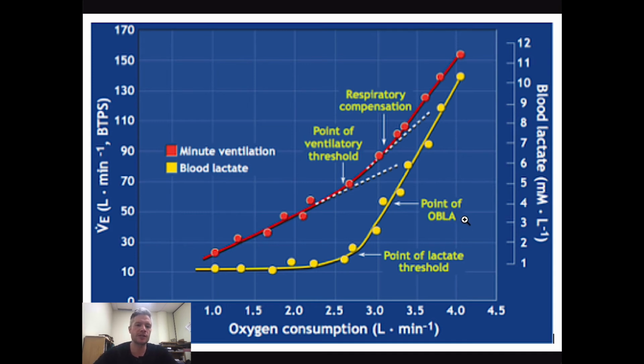But you'll also notice something called the point of OBLA. So that's onset of blood lactate accumulation. Now that's higher, and that's usually set at 4. And that's used in a few different settings, just as a standardized rate of when we consider lactate threshold to not only have been crossed, but we see with certainty an accumulation of lactate in blood, right?